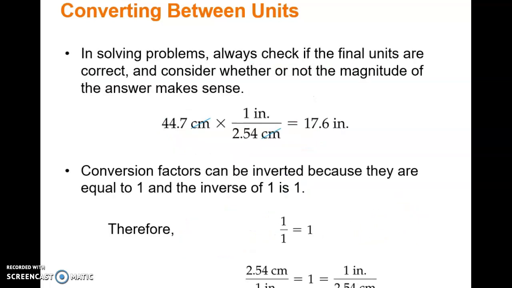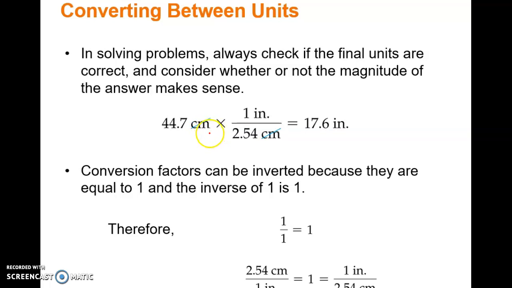So let's look at the next page. This one here gives you 44.7 centimeters, and we want to convert it into inches. So I'm going to use that conversion factor. Since I started out in centimeters and I know I want to convert into inches, I need to make sure that my centimeters cancel.